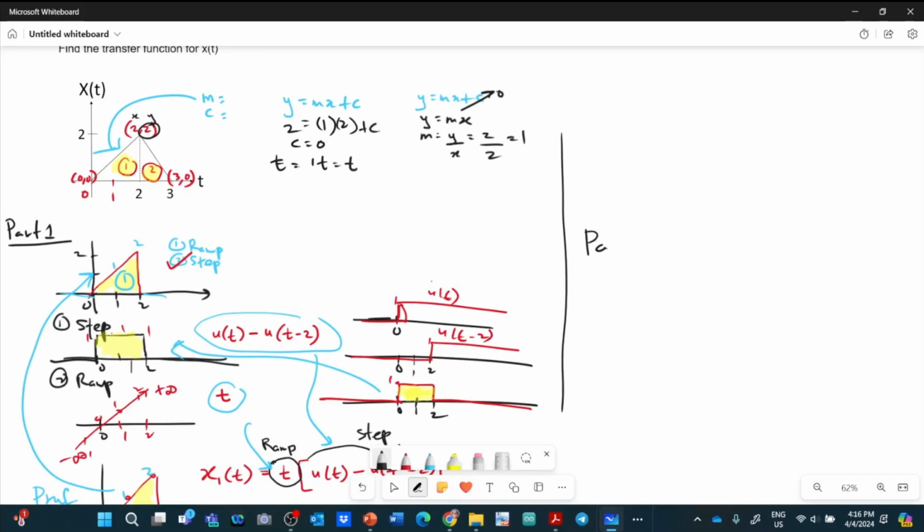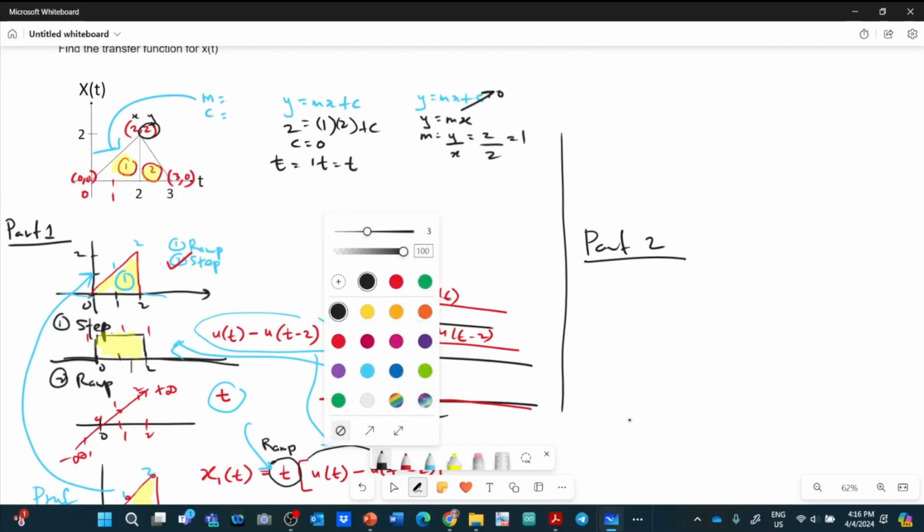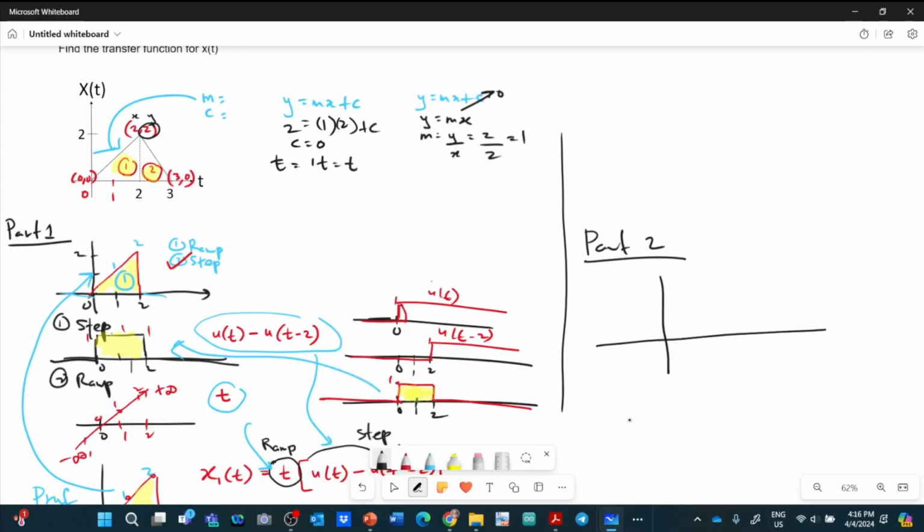So part 2. So let's draw first part 2. Okay. M ni tahu kan macam mana nak dapat tadi?